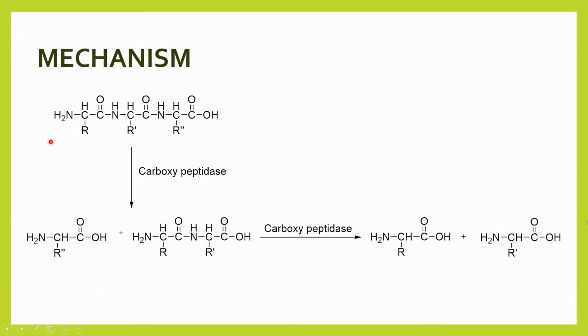Here we have a simple tripeptide. If we react it with this enzyme carboxypeptidase, this enzyme has the work of identifying a free C-terminal, which is the COOH group. It would not do anything concerning the NH2 group.